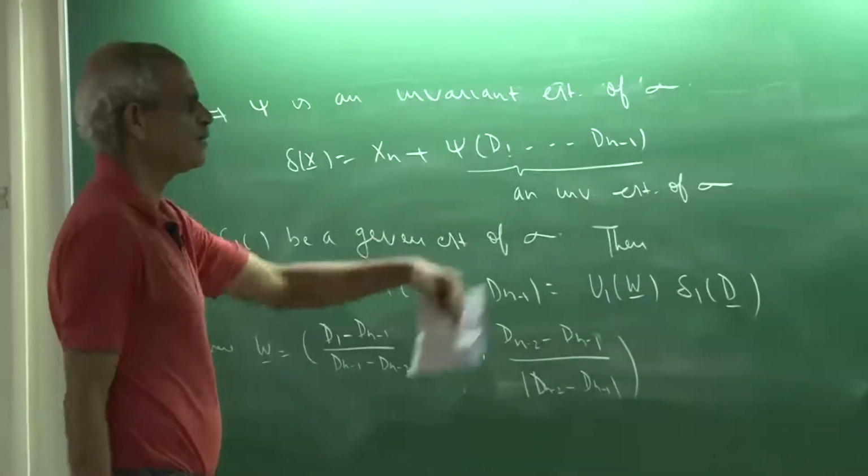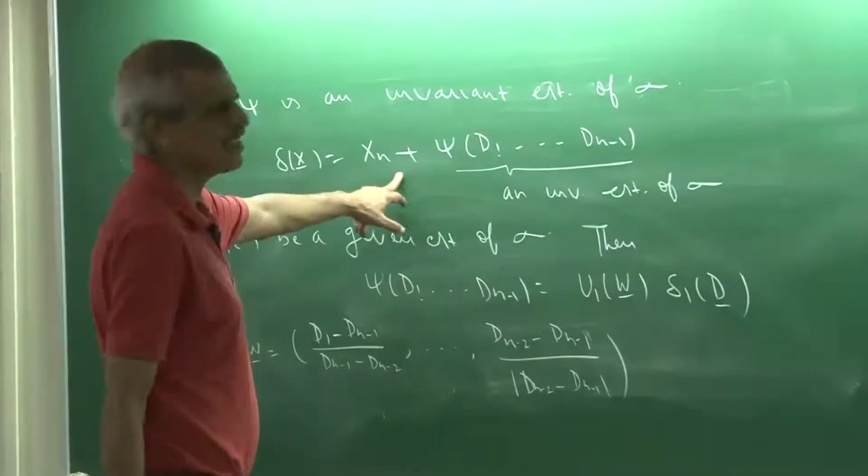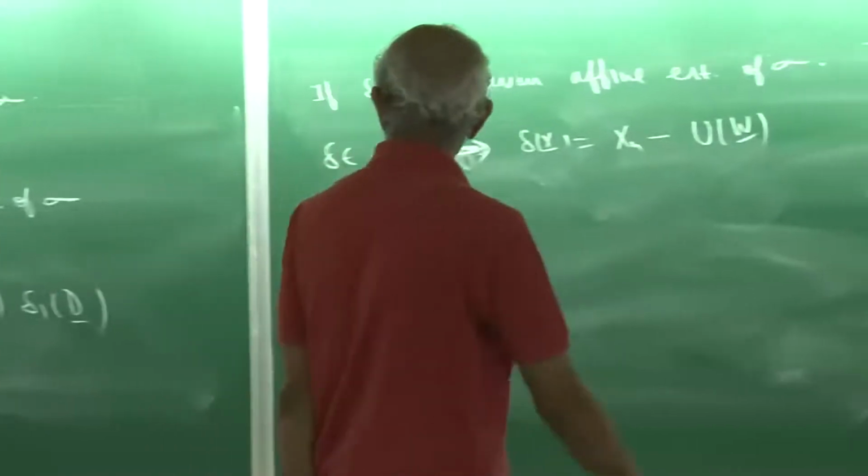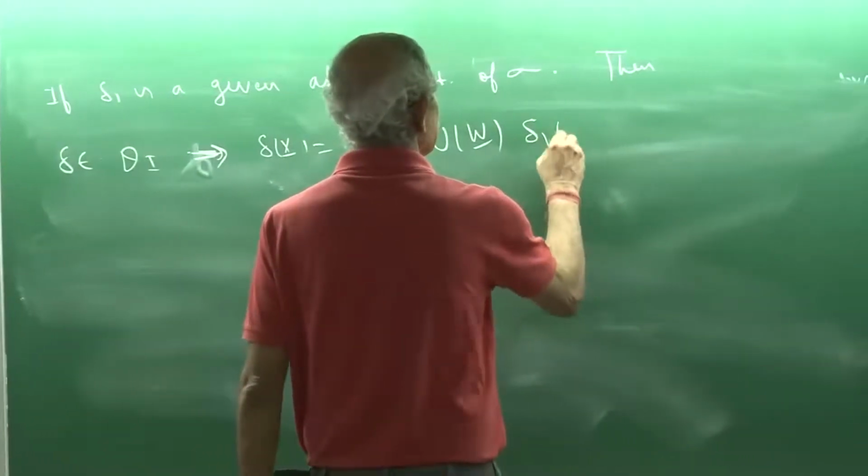You see, psi you can replace by minus psi, so you can replace this sign by minus. That doesn't matter, right? Minus u of w into delta 1 of d.